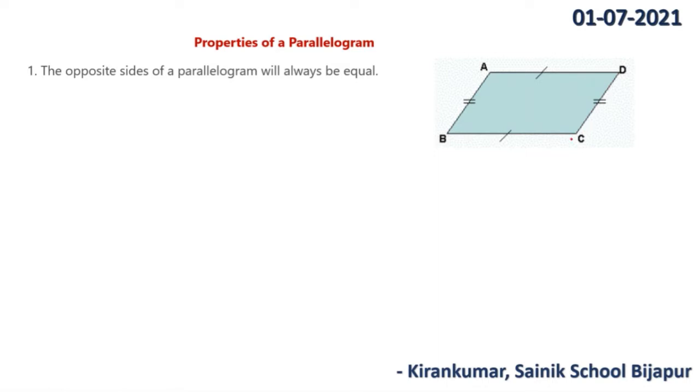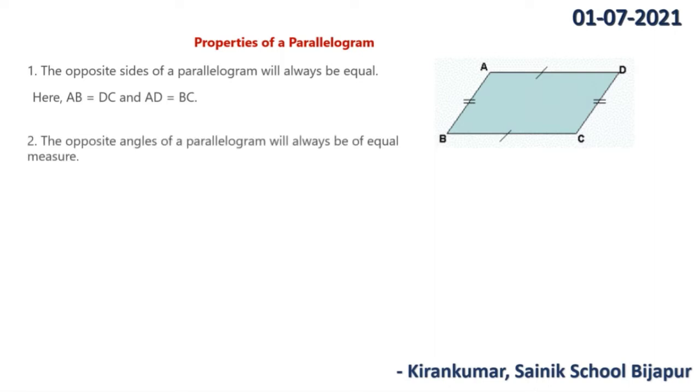So we can say that the opposite sides of a parallelogram are equal as well as parallel. The second property is the opposite angles of a parallelogram will always have equal measure. Here angle A and angle C are equal to each other. Angle B and angle D are equal to each other.